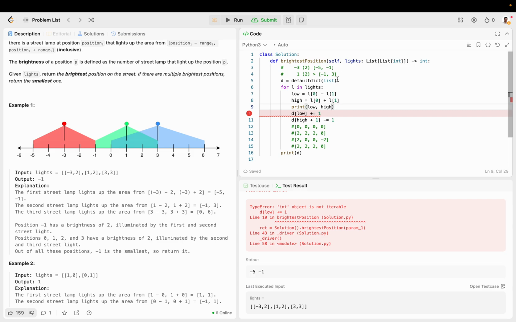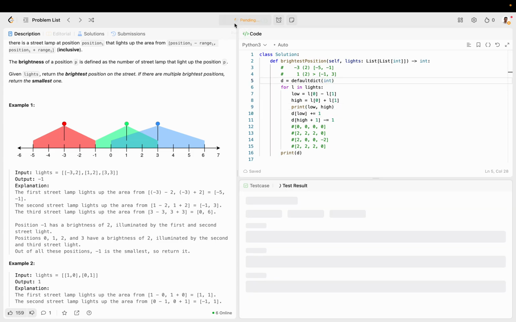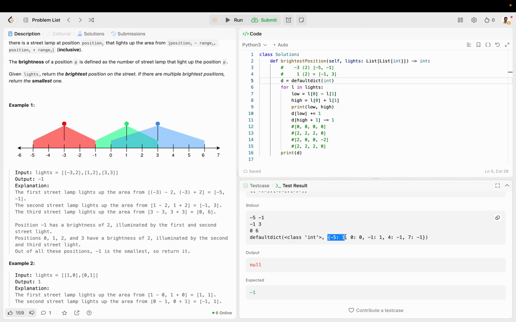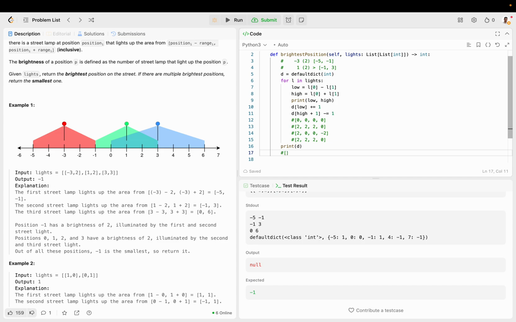So now we got -5, 0, 0, right? But -1 is 1. So we know that the range is going to be -5, -4, -3, -2, -1, 0, 1, 2, 3, 4, 5, 6, 7, right? So that's what it gives us.